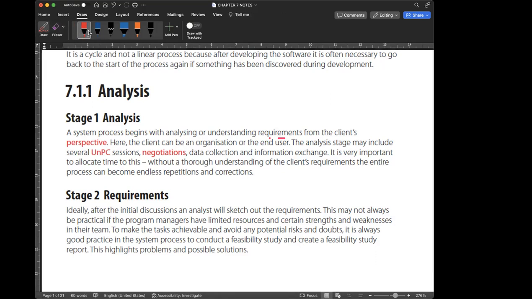So what is analysis? Analysis means to collect information about the program, to understand our program, to understand the requirements of our program. These things come together to make analysis.